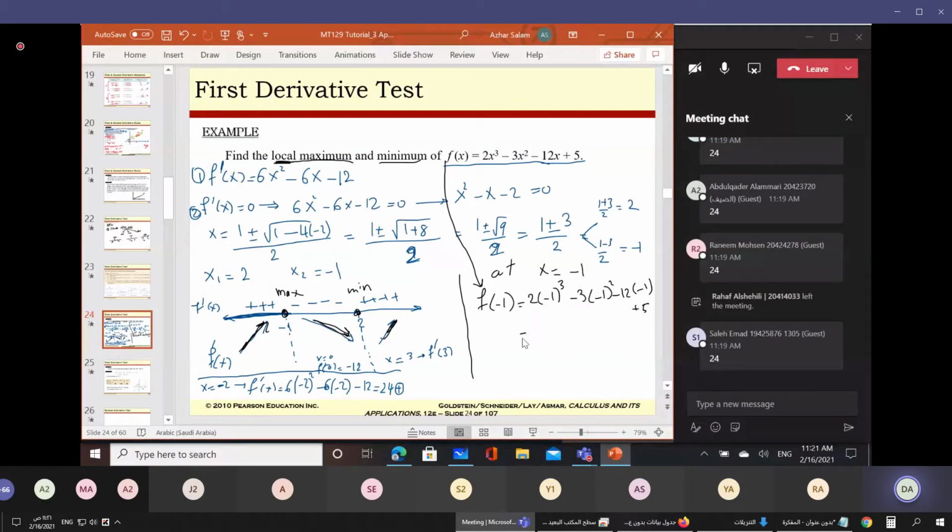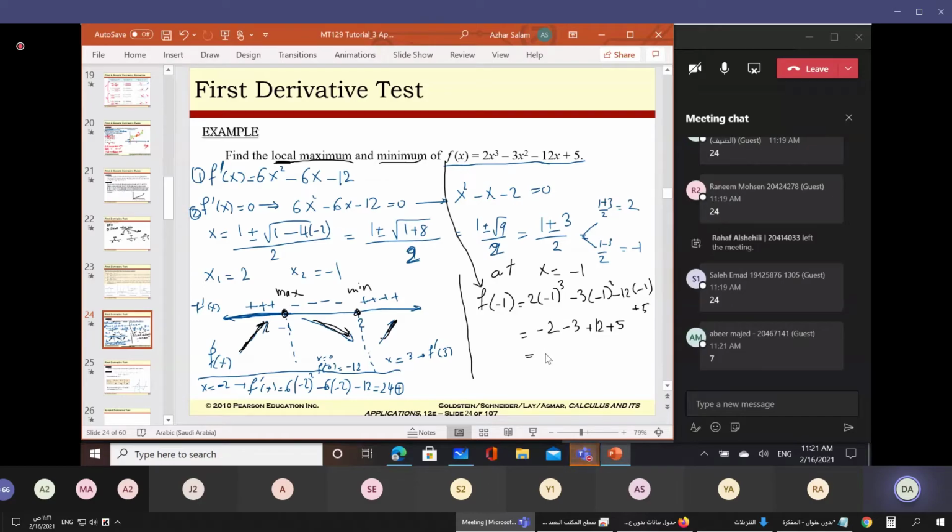It will be minus 2, minus 3, plus 12, plus 5.